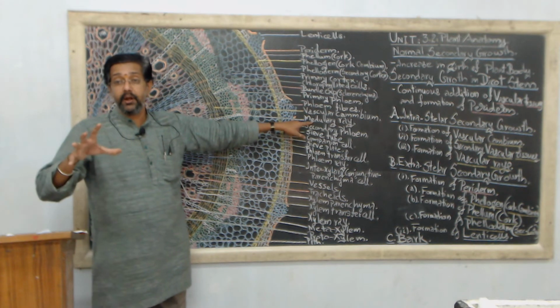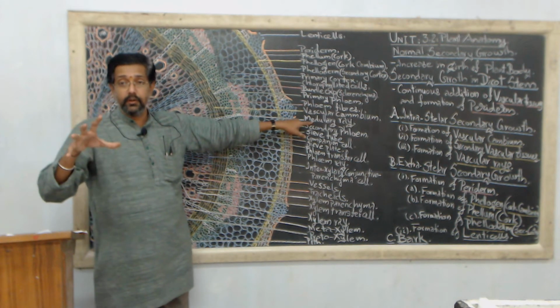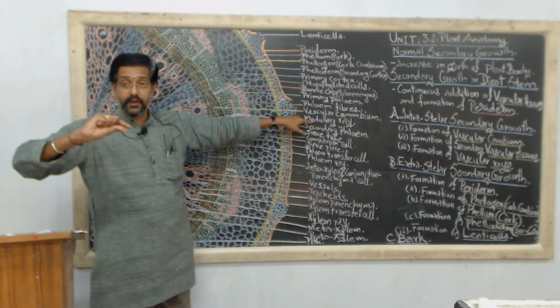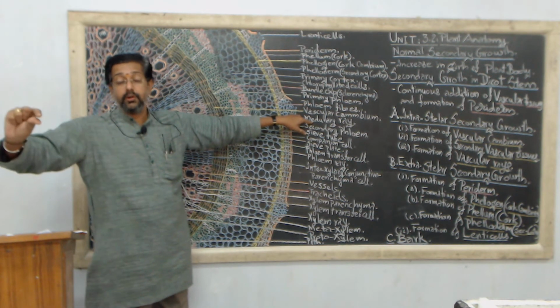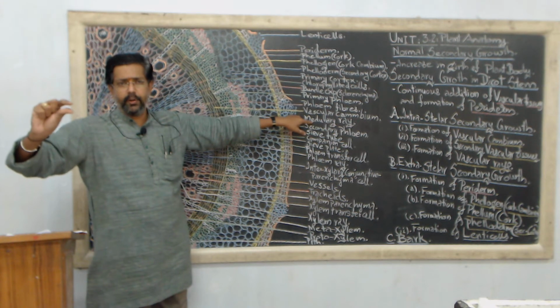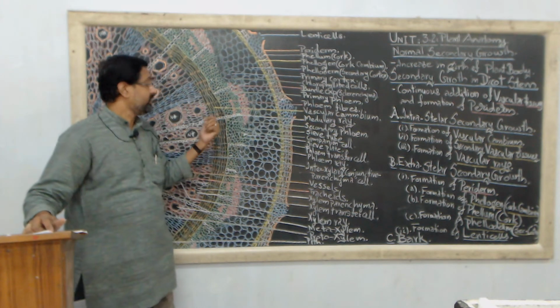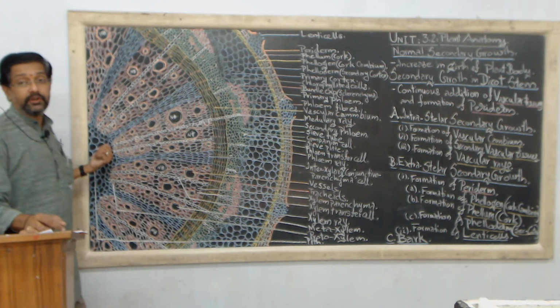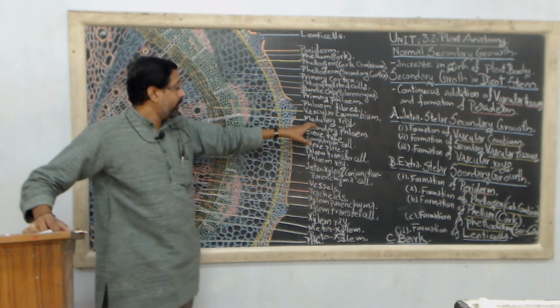Medulla means the central portion. Ray means an elongated layer of cells passing across the medullary region, from the secondary cortex up to the pith region, and they are called the medullary rays.